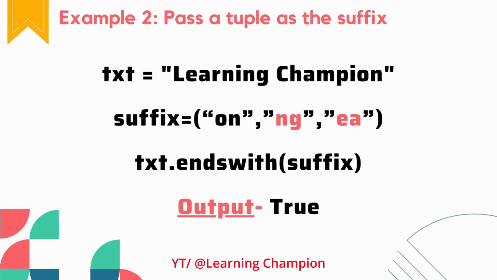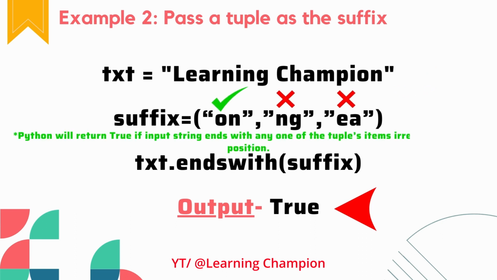Even though the tuple contains items like ng and ea which are not present at the end of our input string, learning champion, the output is still true. This tells us that Python will return true if our input string ends with any one of the tuple's items, irrespective of the position of that item in the tuple. Otherwise, Python will return false.